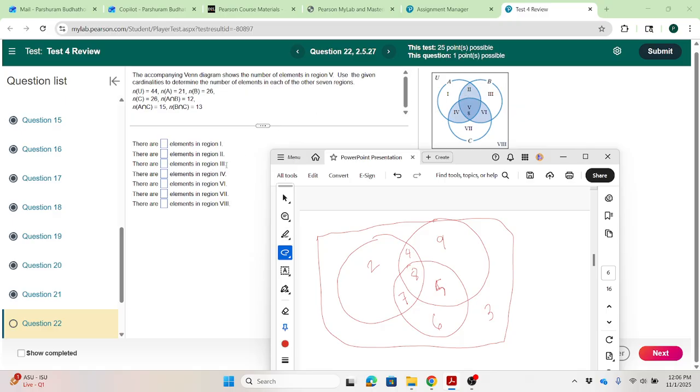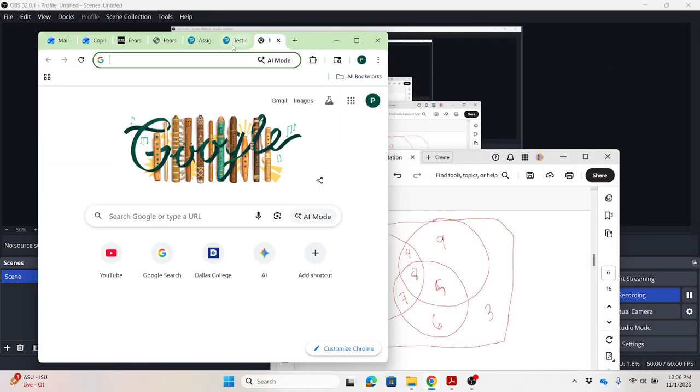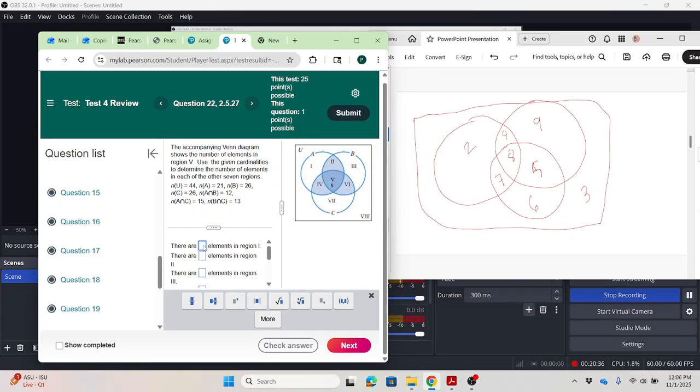As you can see here, the region in element A, the first region, it's a 2. So I have to make it small here to find out all the regions. First region has 2. Second region, which is A intersection B, which is 4. Third region, which is only in B, which is 9. Fourth region, which is A intersection C, 7.